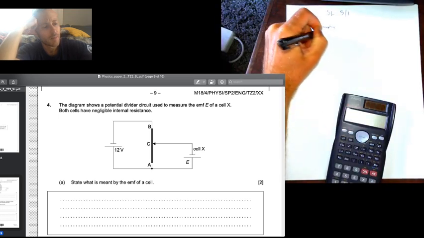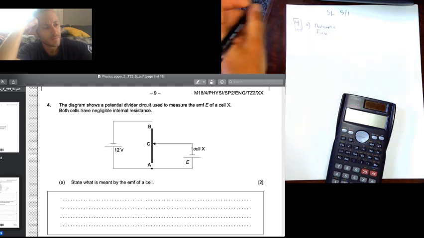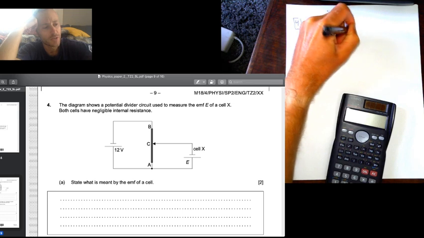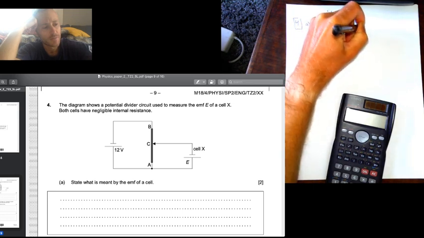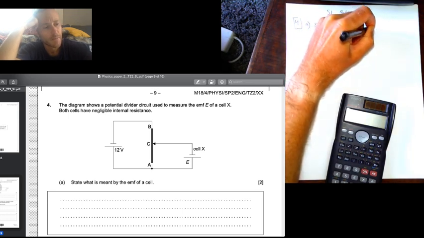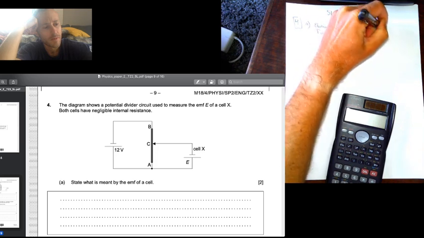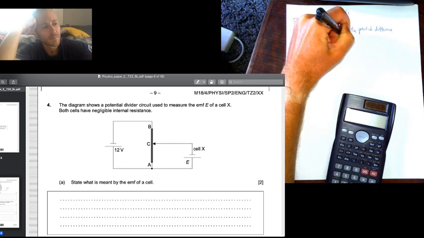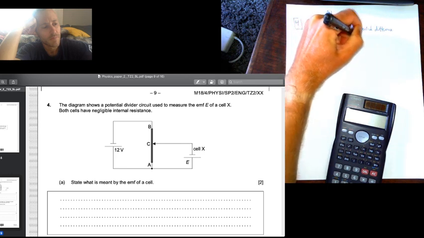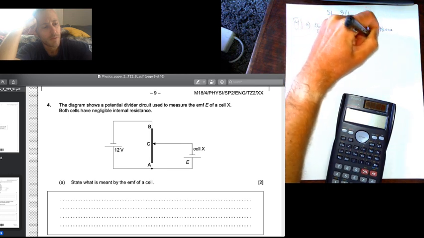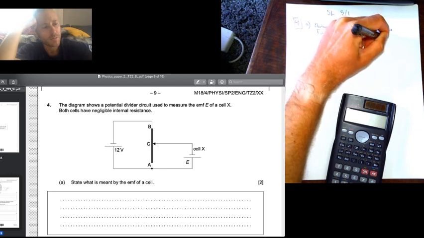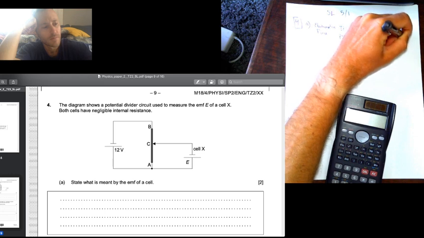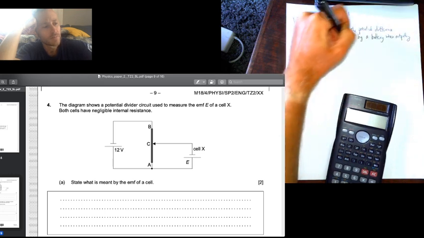And basically it is the potential difference produced by a battery when it outputs zero current.